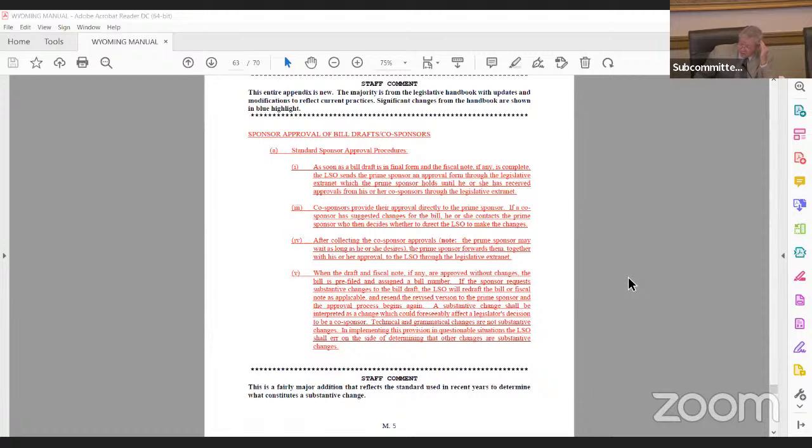If they're just technical changes, we go ahead and make those and don't alert the co-sponsors that they have to reapprove the bill. We assume that they're fine with technical changes. And you'll see in the last 2 sentences, we try to define what a substantive change is, and it's one that would foreseeably affect the legislator's decision to be a co-sponsor. Technical ones aren't substantive changes. I know that's kind of loose language, but that's really what we've done.